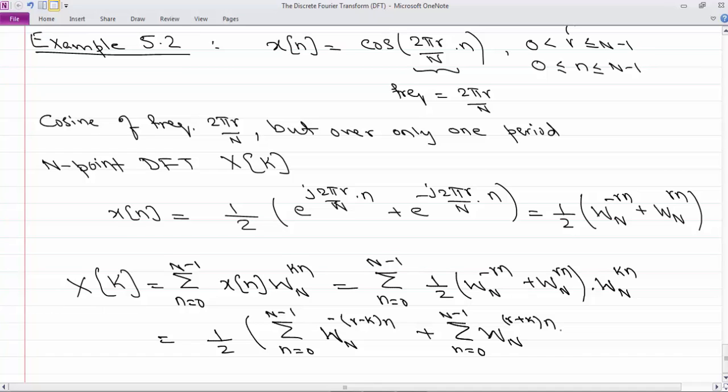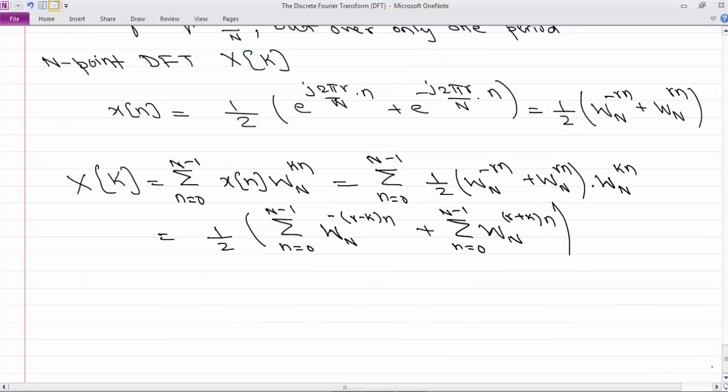I've just combined the two exponentials together, and so now we have to compute these two sums.